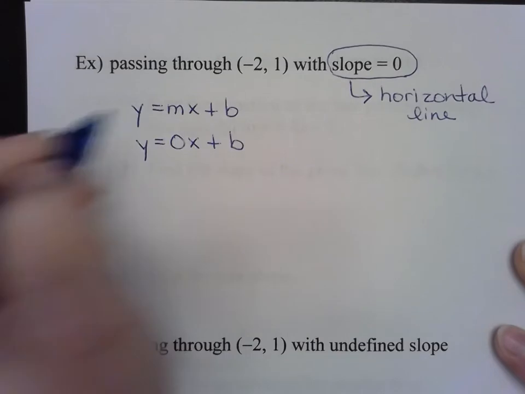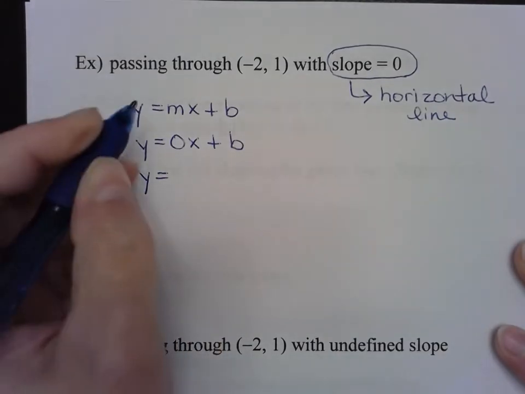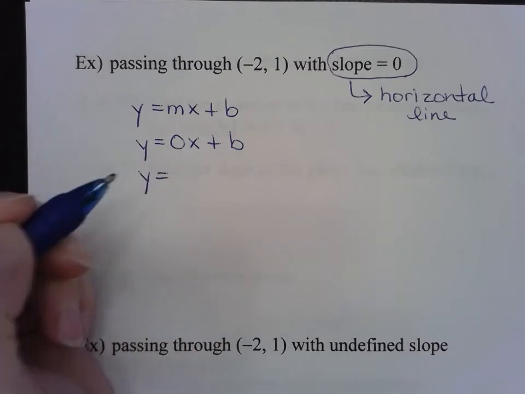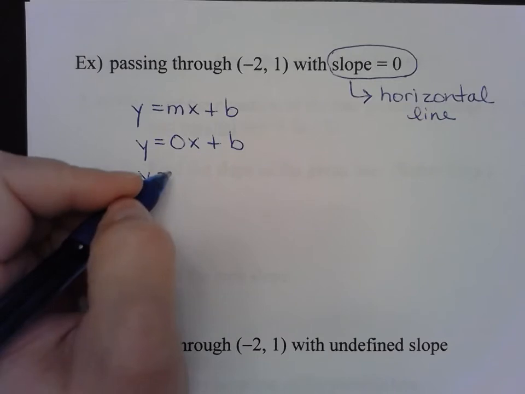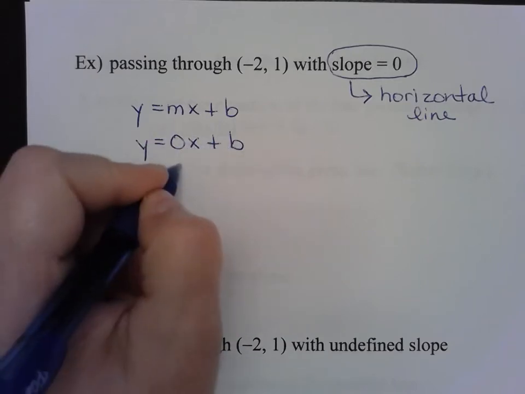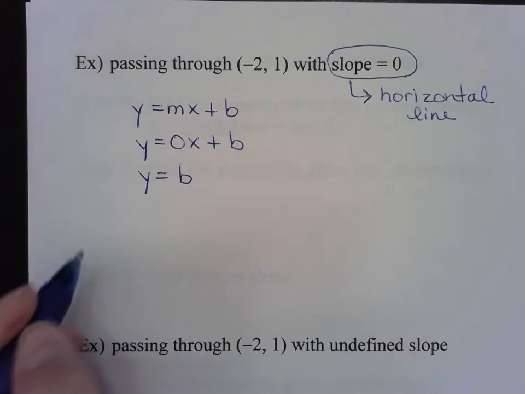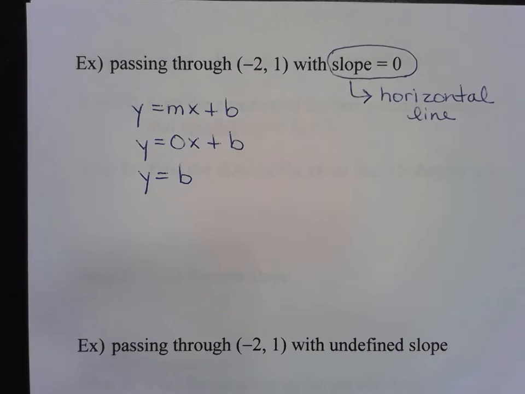And this is really in general for any point with a slope of 0, 0 times x, no matter what the number is I plug in for x, 0 times anything is just 0. So this is like 0 plus b, which is just b. So this in general is an equation for a horizontal line. And we'll graph this in a second so you can see why that is.